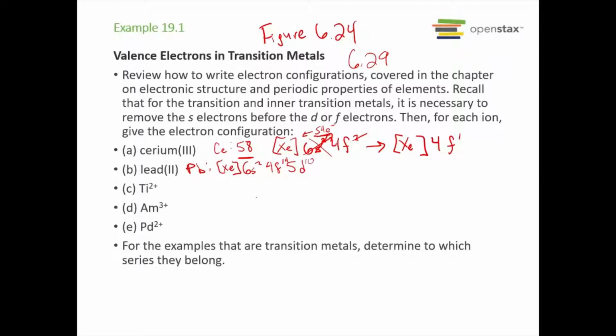So now the next orbital we go to is the 6p orbital. So then this goes to 6p2. So that is the neutral lead electron configuration, but this is lead 2+, so that means that we need to take off 2 electrons, and these are actually going to come from the p orbital in this case, because that is actually our valence orbital.